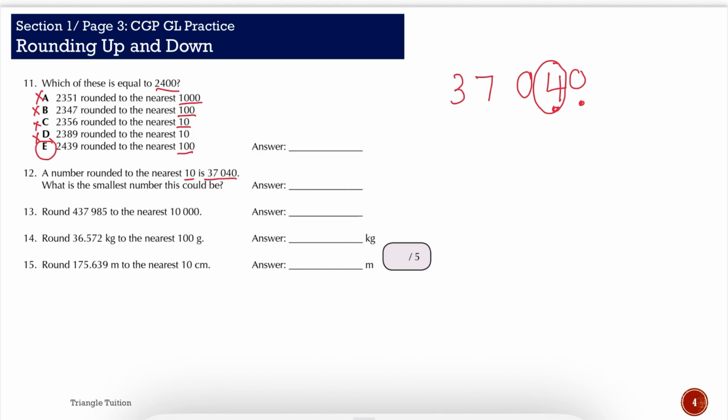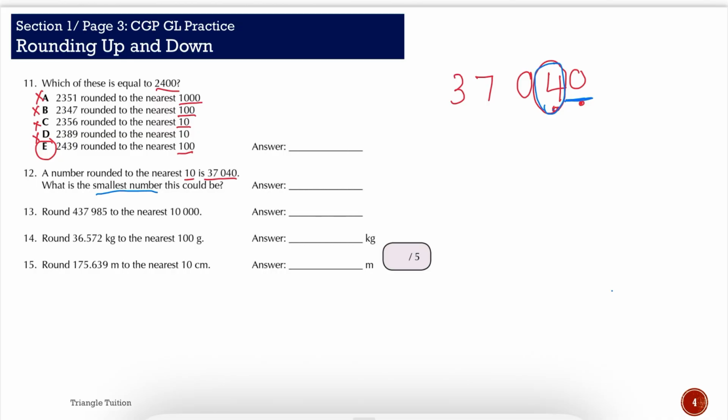The question here is, what's the smallest number? So we are going to look at what is the possible range of numbers that can be rounded to this. Our rule is, first we circle the place value, then check the next door.